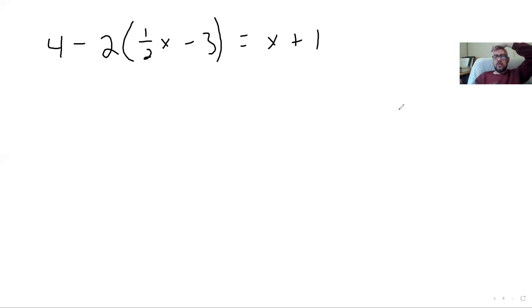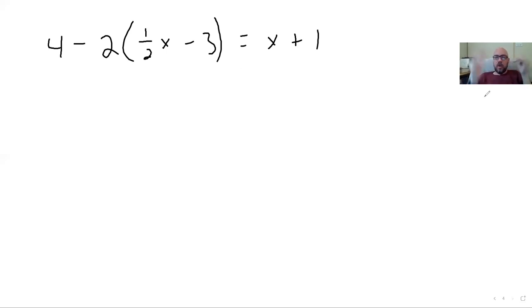What to do now? Well, I'm going to do very similar to what we were doing before. Number one, try to get the x's together, and two, peel off all the things that aren't x. In this case, I want to use the distributive property first.